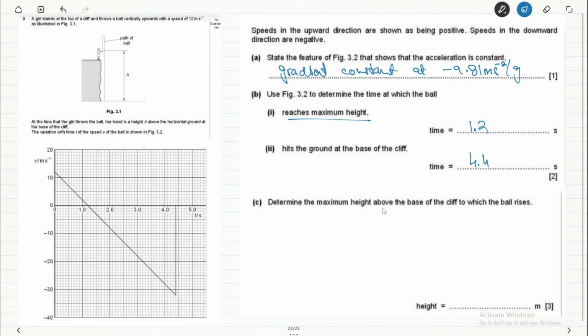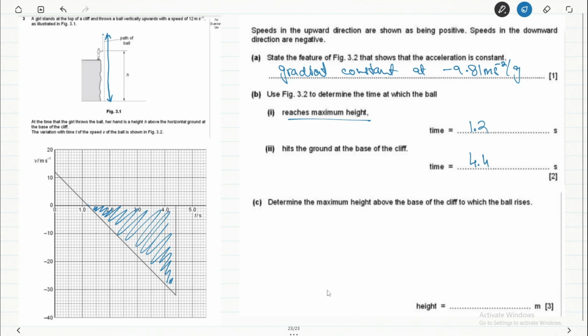Now on to the final part of this. Determine the maximum height above the base of the cliff to which the ball rises. So basically, this height is what we need to find here. What we can do to find this height is just find the area of this triangle, which will give us this height, because the 0 here is this 0, and the final velocity is this velocity.